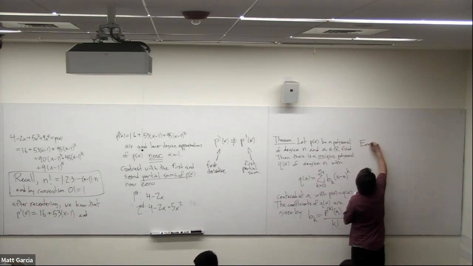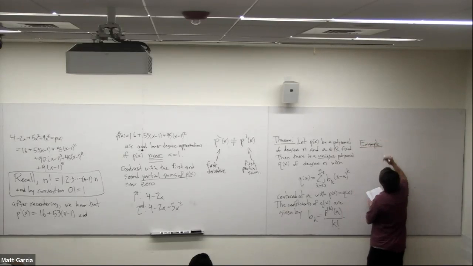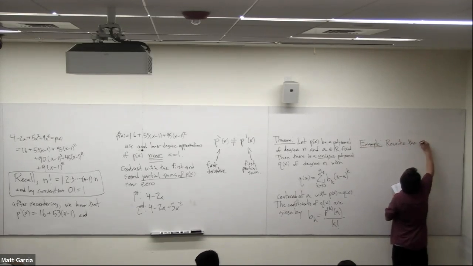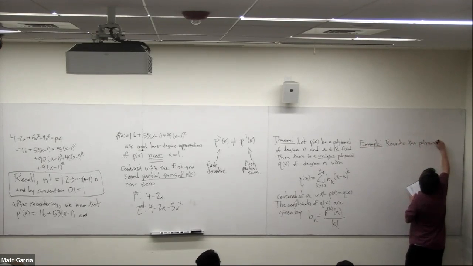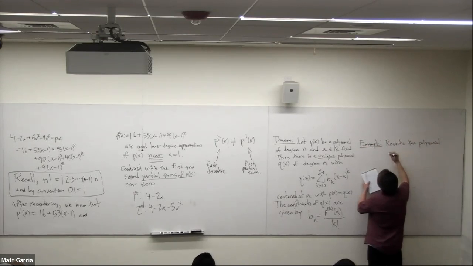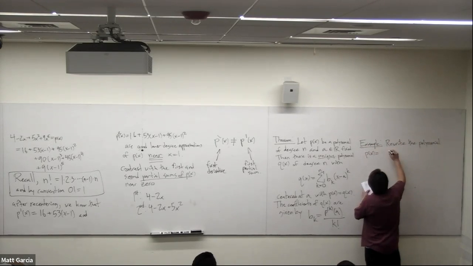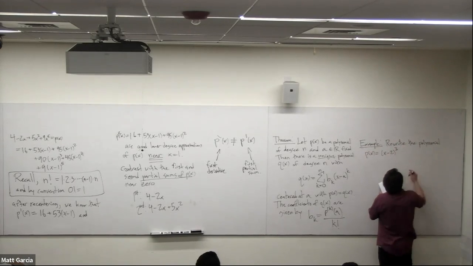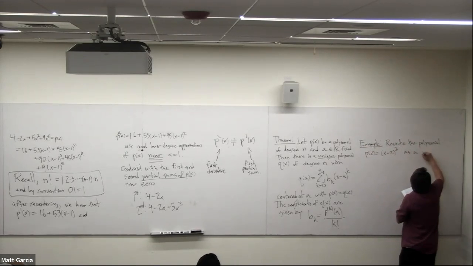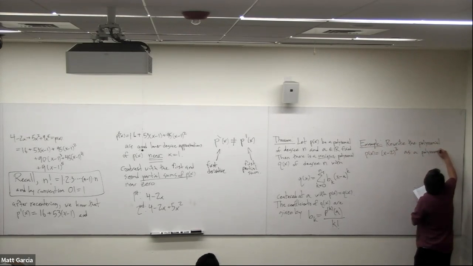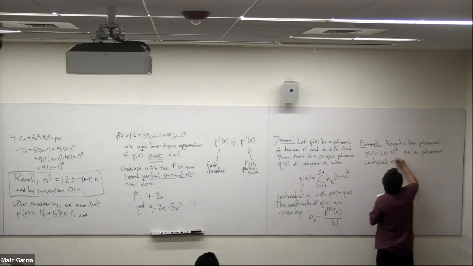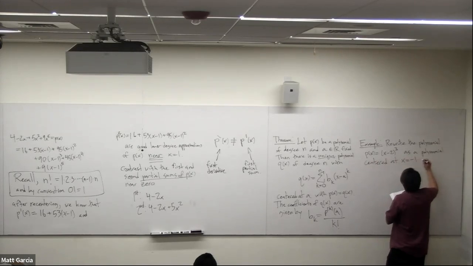All right, let me ask you to rewrite the polynomial P of x equals x minus 2 cubed as a polynomial centered at x equals -1.